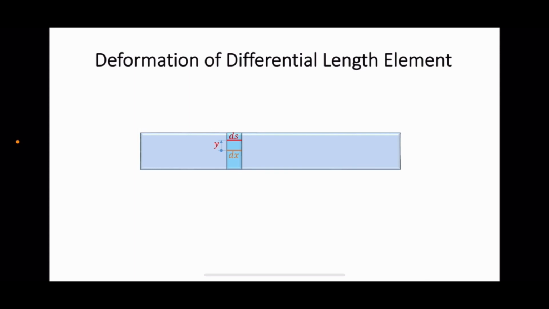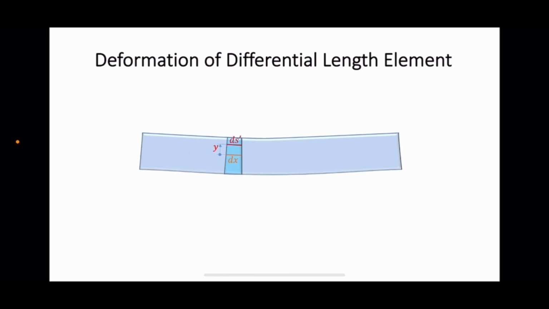We can see that before deformation, the lengths of the 2 line segments are the same. Now let us see the deformation. Since segment dx is on the neutral surface, its length does not change. That is not the case for segment ds, which is contracted with a new length of ds prime.